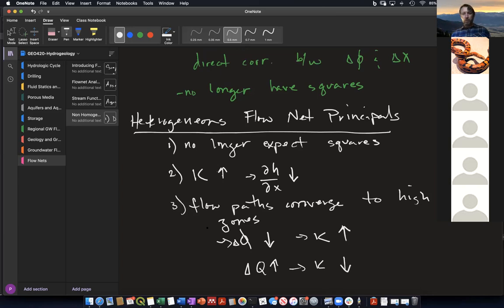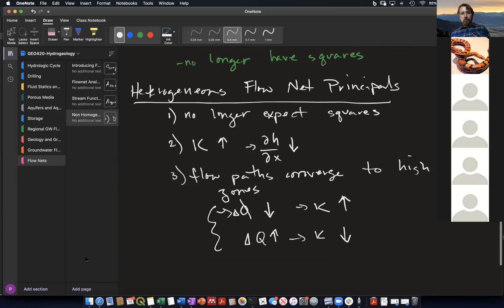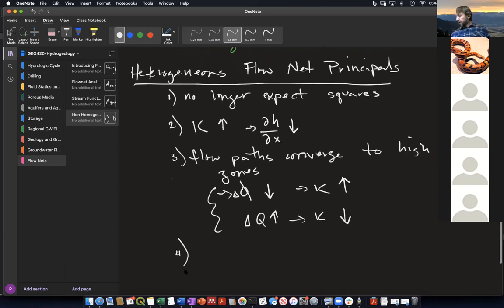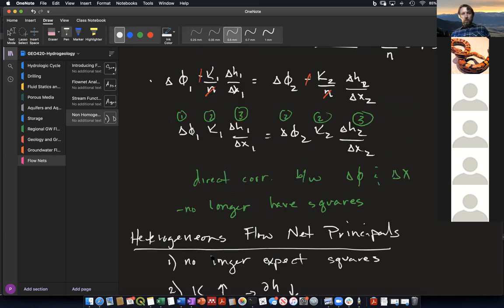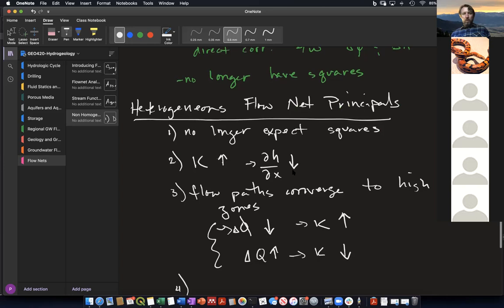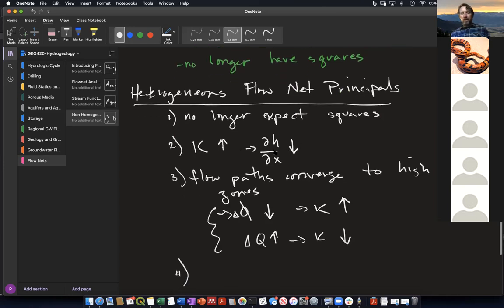All right, so these are corollaries here, but a really important rule is if you've got a zone of high hydraulic conductivity, flow paths will converge to that high hydraulic conductivity zone. We've already written this one, that head drop will decrease with hydraulic conductivity.